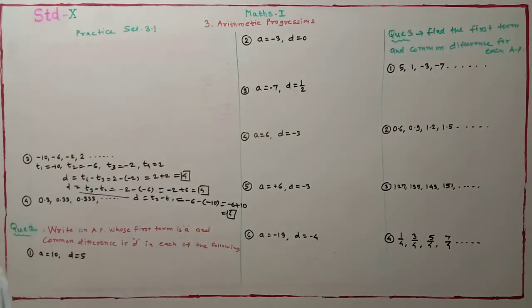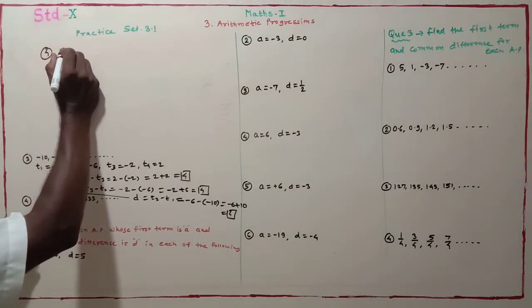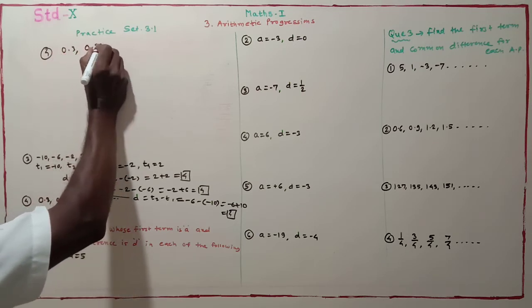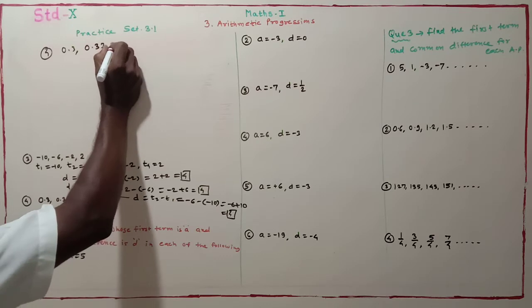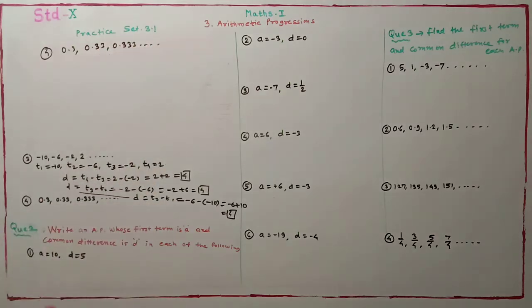In the last example, the given sequence is 0.3, 0.33, 0.333, and so on.